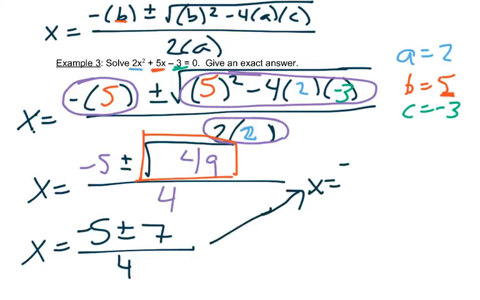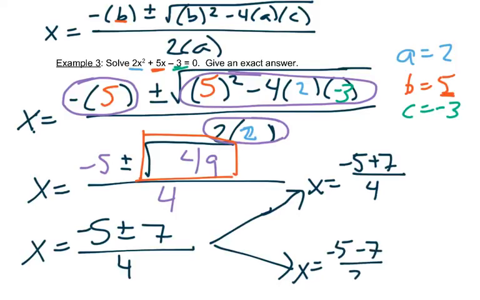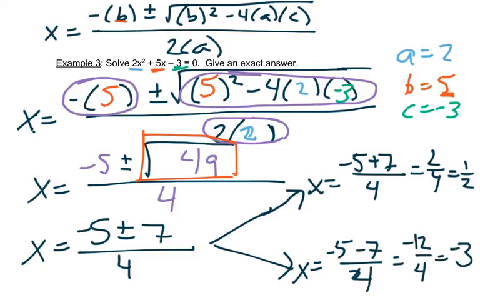We have x equals negative 5 plus 7 over 4, and x equals negative 5 minus 7 over 4. So negative 5 plus 7 is 2 over 4, which is 1/2. Negative 5 minus 7 is negative 12 over 4, which is negative 3. So our two answers are x equals 1/2 and negative 3.